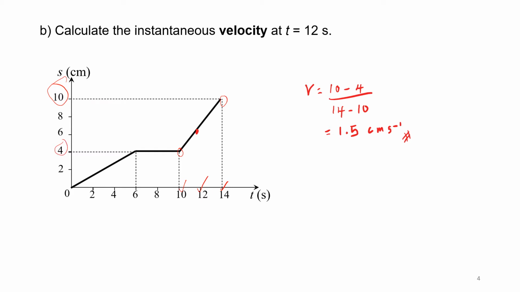We use the equation for instantaneous velocity, the gradient equation: V equal 10 minus 4 divided by 14 minus 10. We get 1.5 centimeter per second.